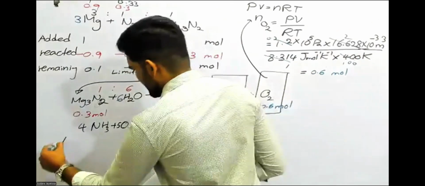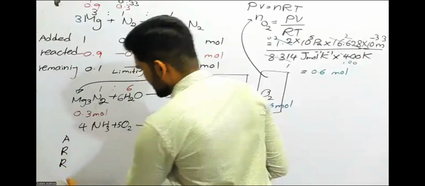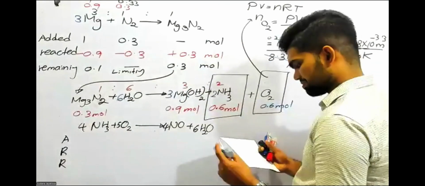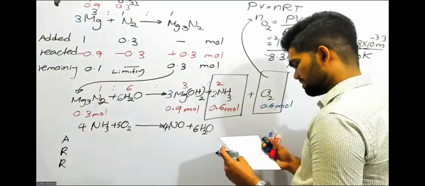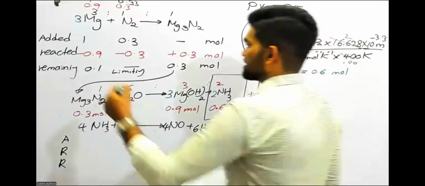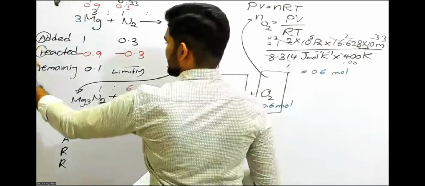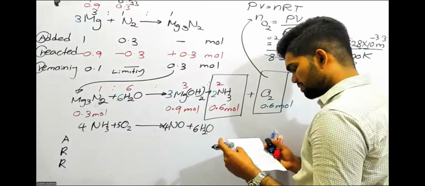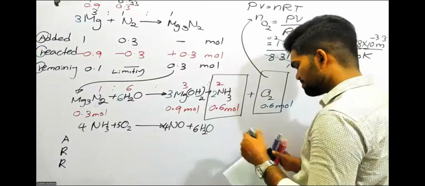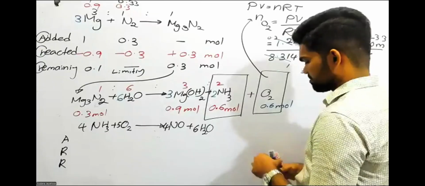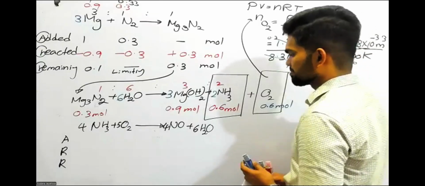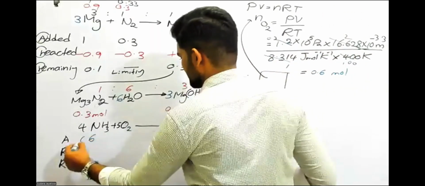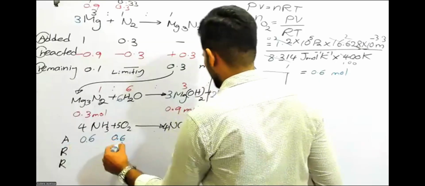Then use the added reacted remaining method, ARR method. Added, reacted, and remain. It's asking what's the total number of moles of gases remaining. So now let's add. This one you have 6.6, and from this also you have 0.6.